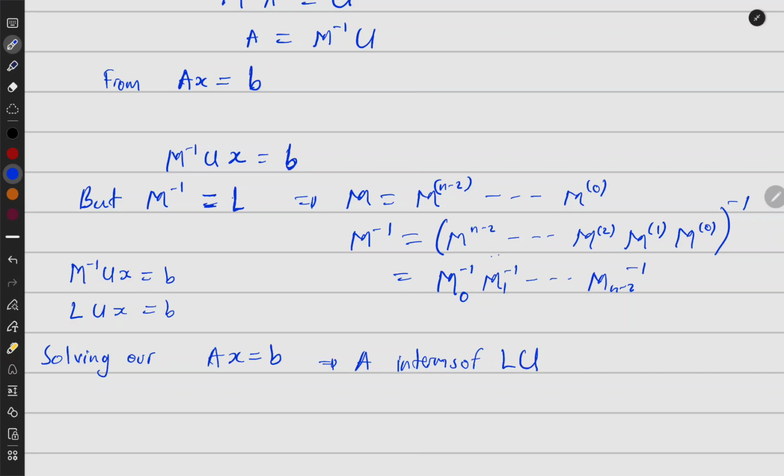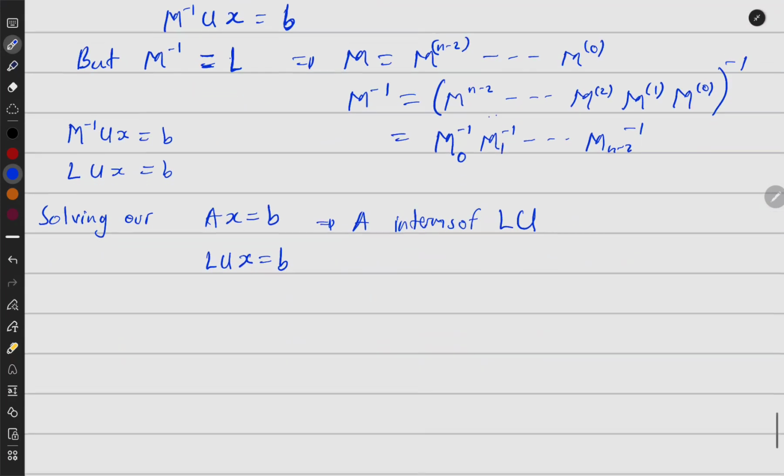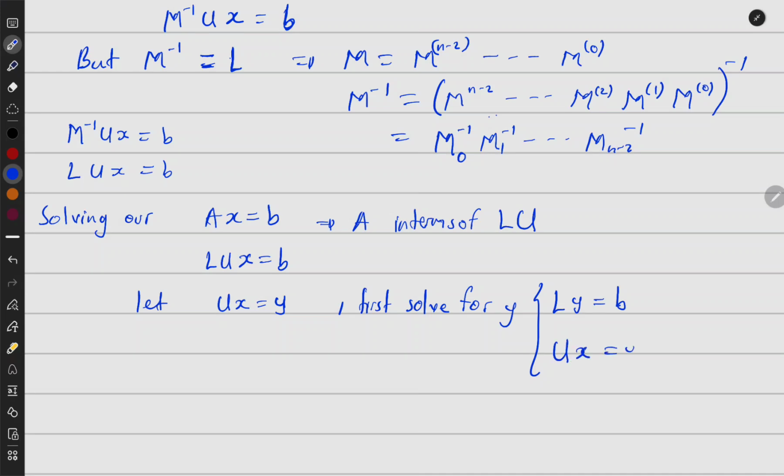So we have that my LUx equals to B. You let my Ux be y. So you first solve for y using Ly equals to B. Then after solving that, you come back and solve for Ux equals to y.